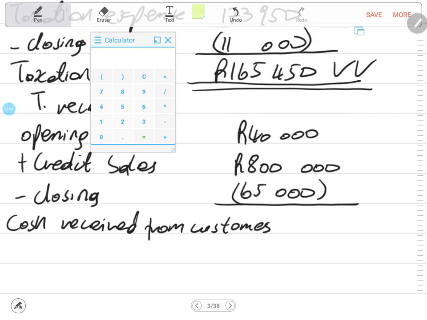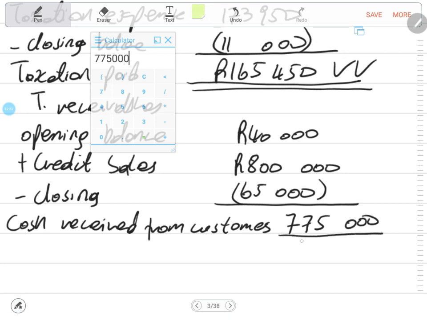On that same note, just verifying all the figures. Then we have 40,000 rands plus 800,000 rands minus 65,000 rands. Now 85,000 rands. This gives us 775,000 rands.